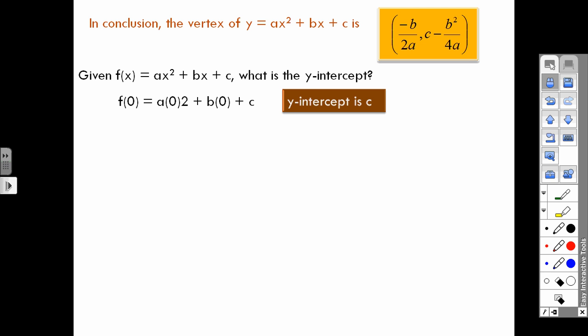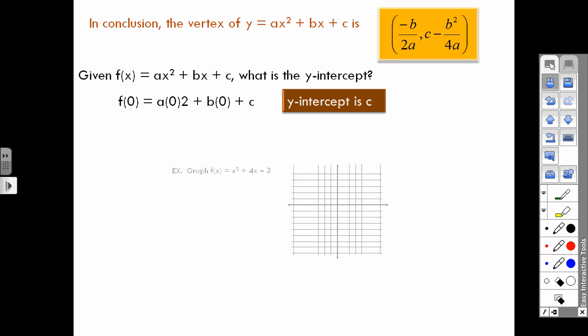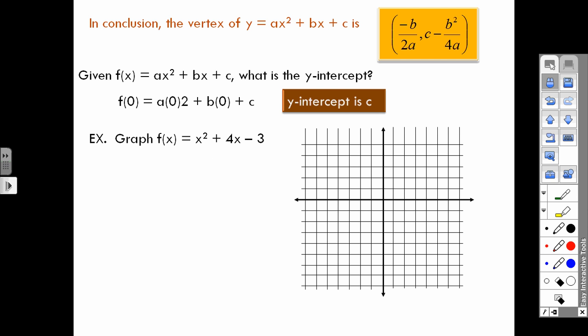So why is that going to be useful? Well, let's take a look. So here's an equation that they're asking you to graph. x squared plus 4x minus 3 equals f of x. Okay, so the first order of business is to figure out what our vertex is. So using the negative b over 2a, we're going to plug that in. So negative b over 2a, a is 1.